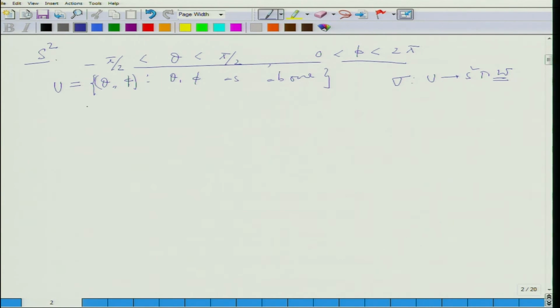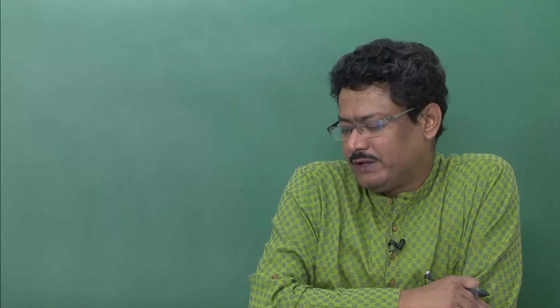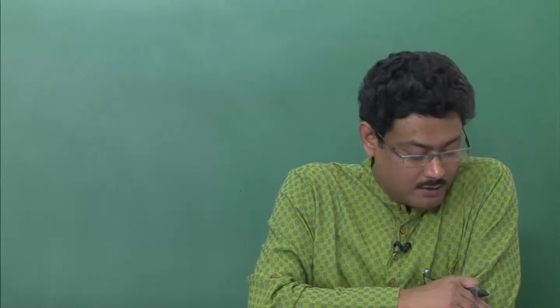What points am I missing out? You decide it. I will give you the answer in the next lecture or next to next lecture, but for the time being you just think for yourself what points you are missing out.